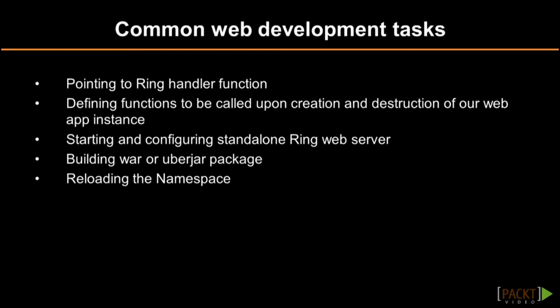This is usually done through the use of the Jetty adapter, which is provided by the Ring library; bundling our web application into a package, either a plain old WAR file that we can deploy in our favorite web application container, or a standalone uberjar file that, once invoked by java -jar, will start the appropriate Jetty instance. And finally, aiding our web development cycle with dynamic code reloading when changes in source files are detected.